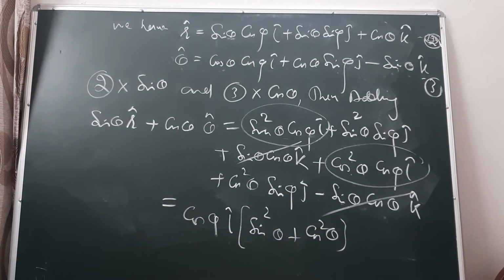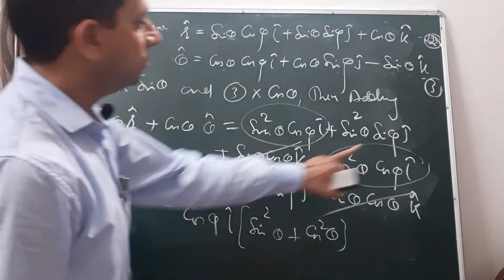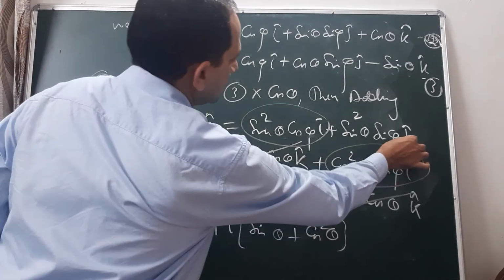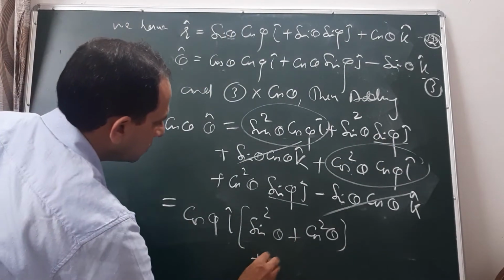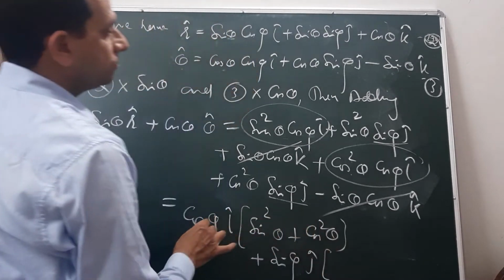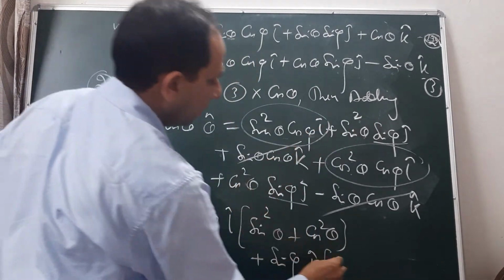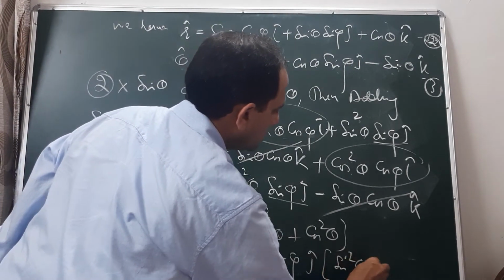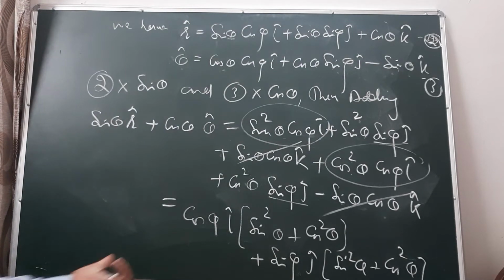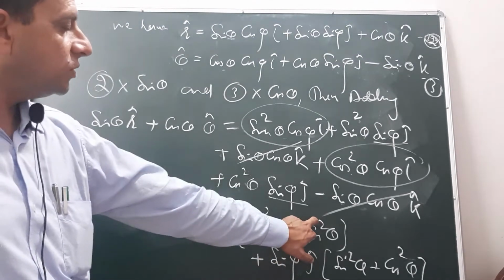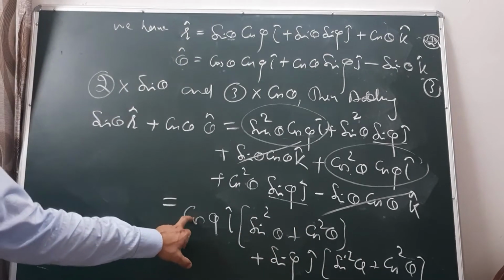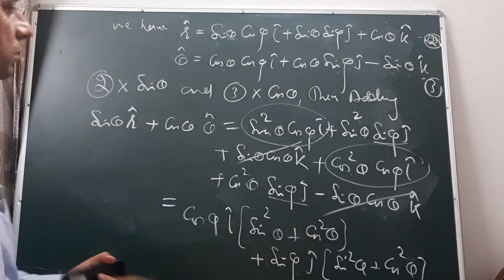Is it okay? Similarly, from these 2 terms, sin phi j is common into sin square theta plus cos square theta. We know that sin square theta plus cos square theta is 1, so the remaining term is cos phi i plus sin phi j.